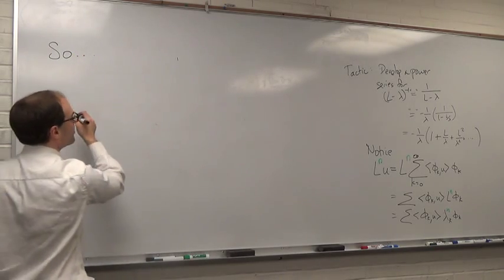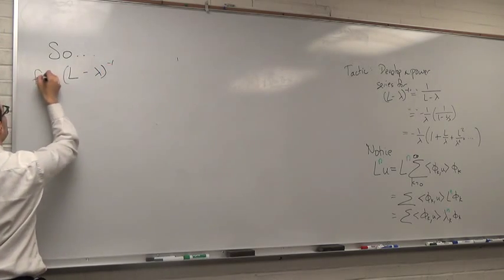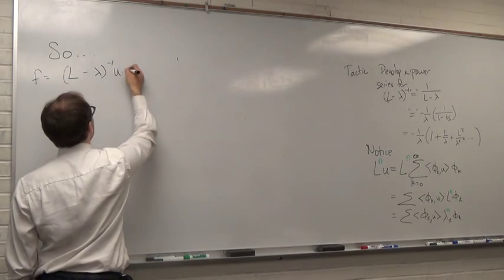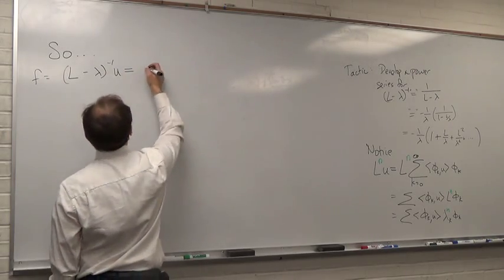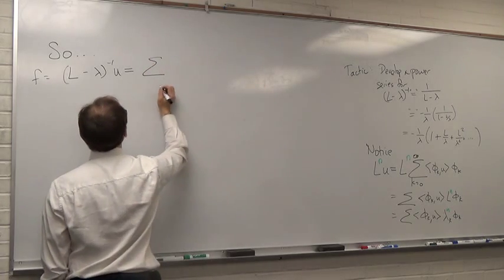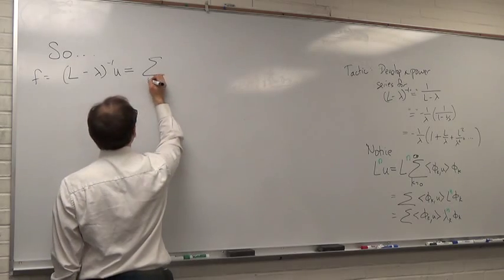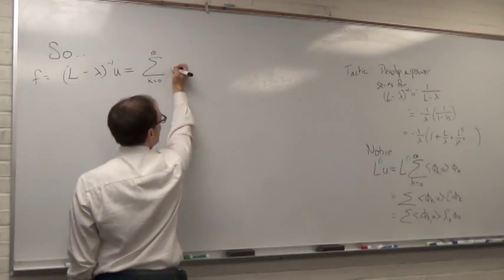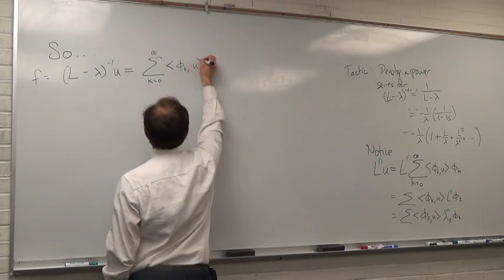So, what am I doing here? I've got this L minus lambda inverse, which is F acting on U, and that thing is then going to be the sum over k, k equals 0 to infinity, of phi k u.